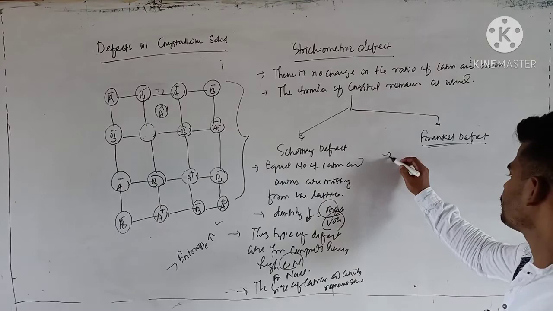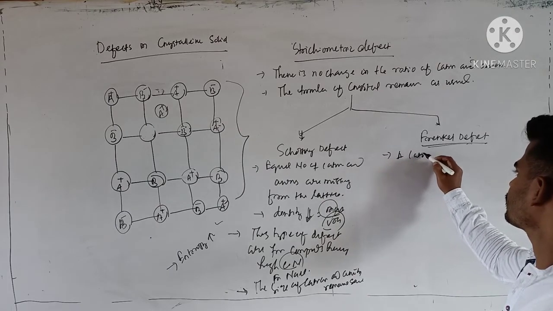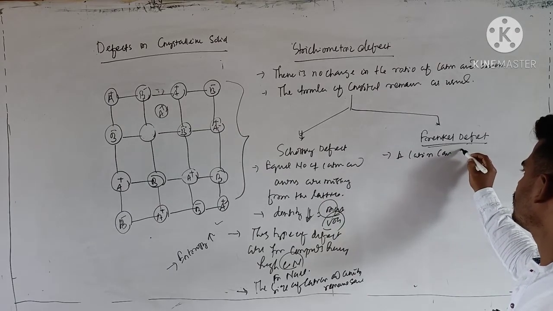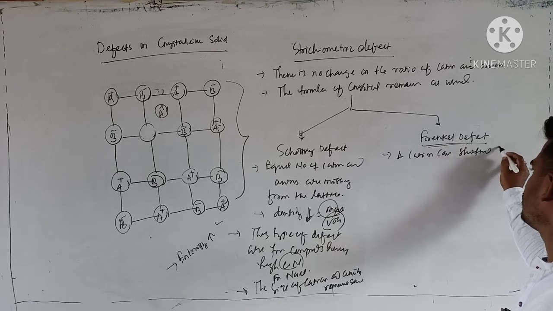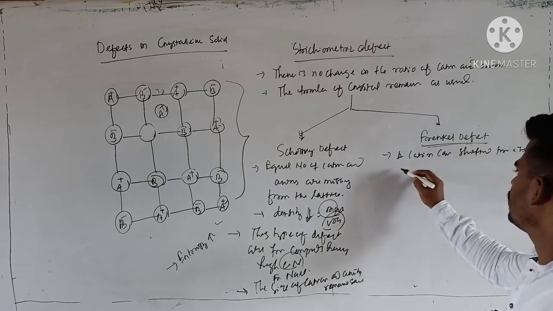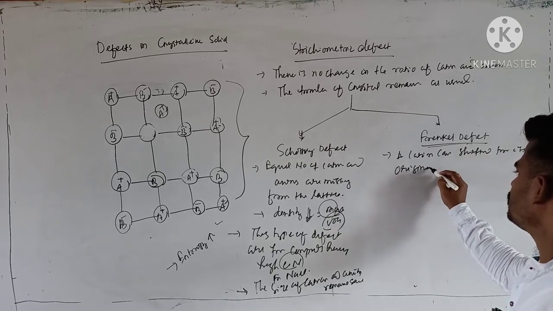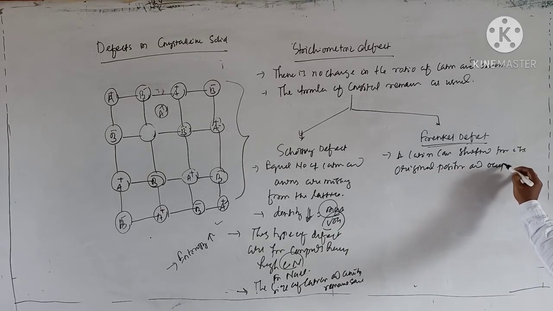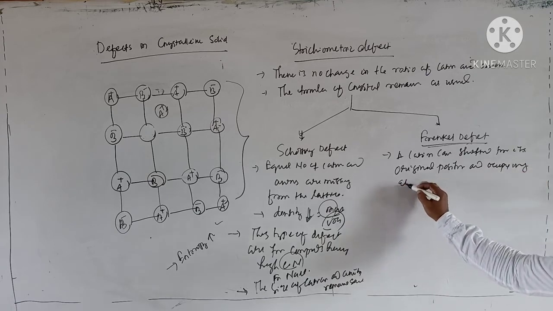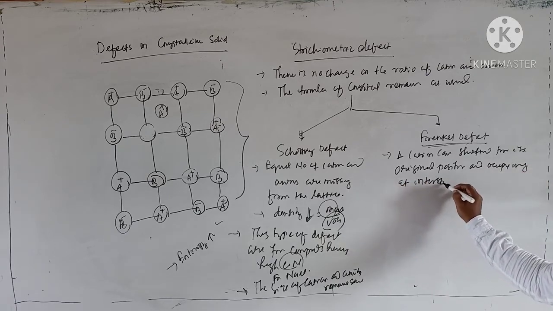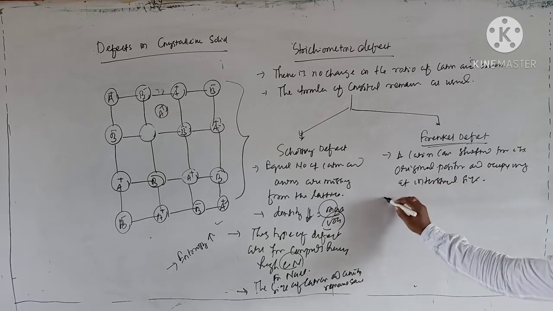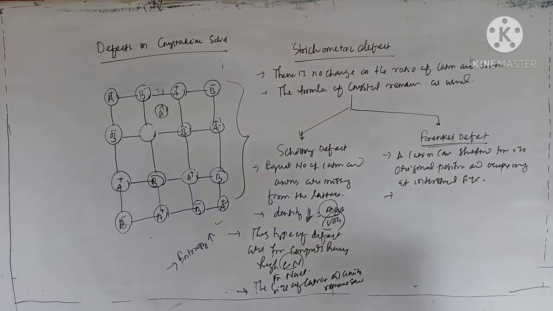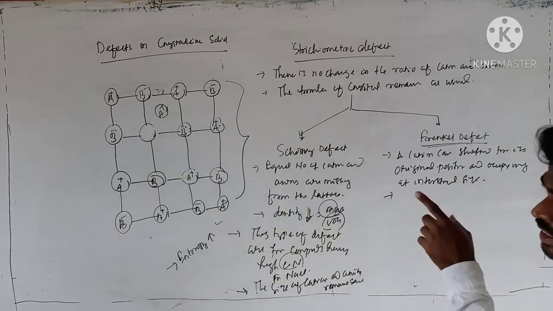So here a cation is shifted from its original position and occupies an interstitial site.